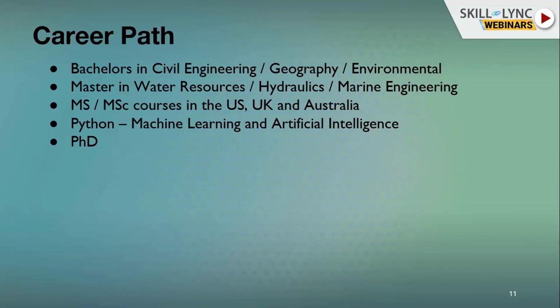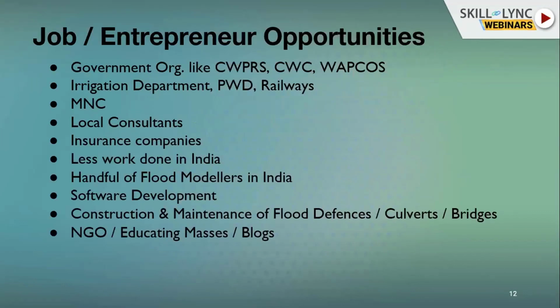I think one of the IITs or NITs offers a masters in GIS and remote sensing. So that is also one of the courses that can be done in masters, I think. Then PhD.